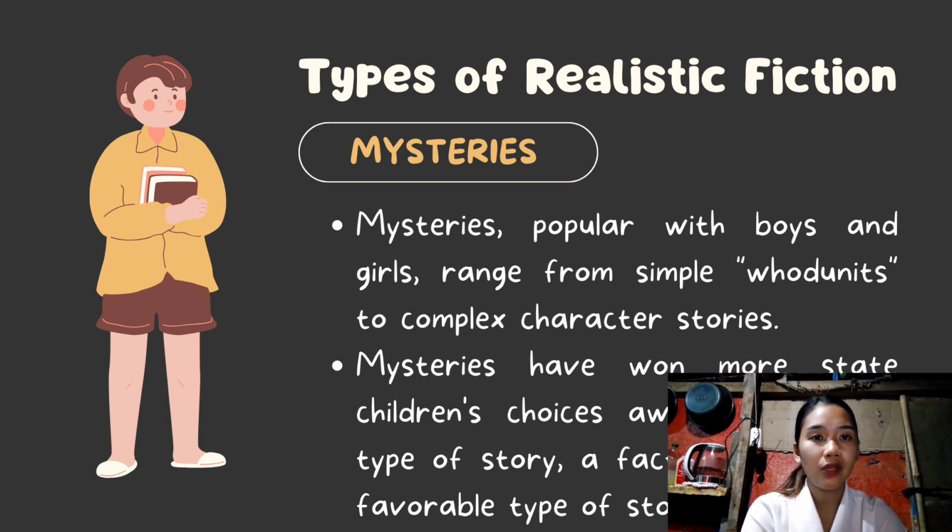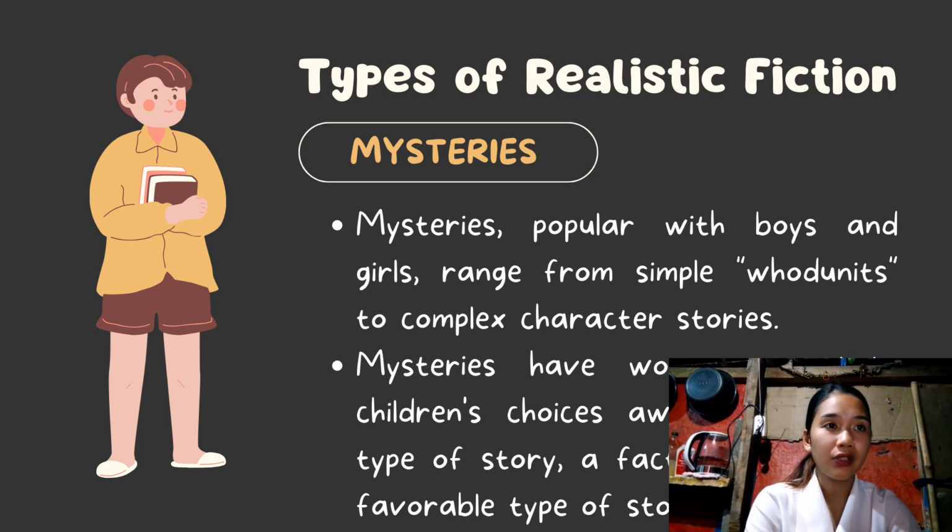Mysteries in realistic fiction are very popular with boys and girls, ranging from simple whodunits to complex character stories. Mysteries in children's literature, ranging from simple puzzles to complex character-driven plots, captivate young readers with suspense and problem solving, appealing to both boys and girls.